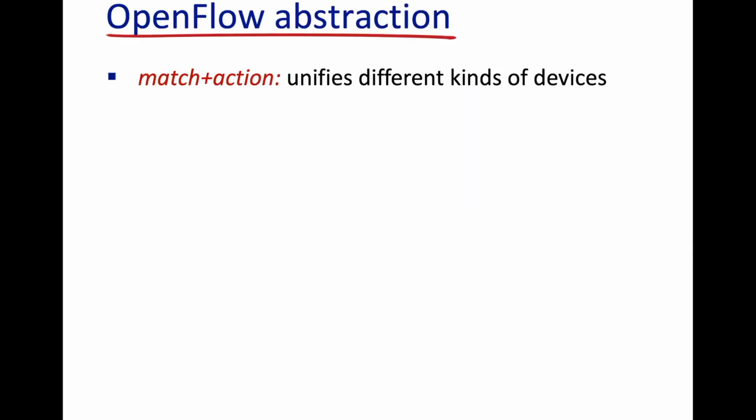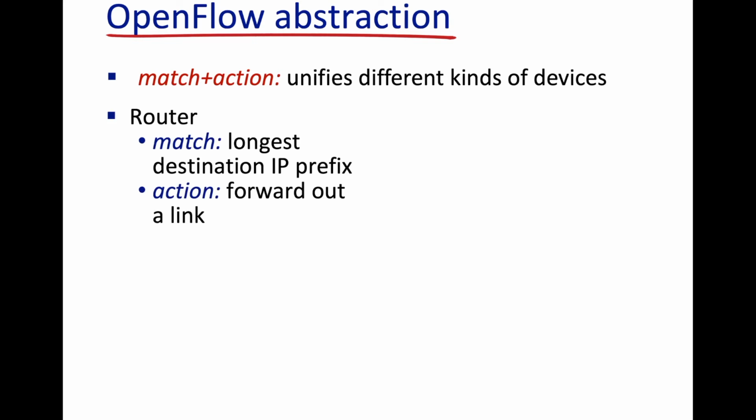All right. So the match action rule can unify different types of devices. You can have the same device programmatically act like a NAT, act like a switch and link layer, act like a router, or act like a firewall, impacting all of the ways you can shape the traffic that goes across your network.